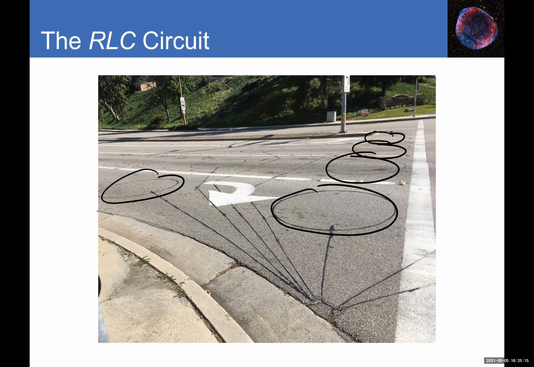There's a coil under the street, and when you're driving your car, it induces EMF and current in those coils, which sets up the chain reaction that eventually signals to the traffic light that there's an approaching car, and it changes to green.